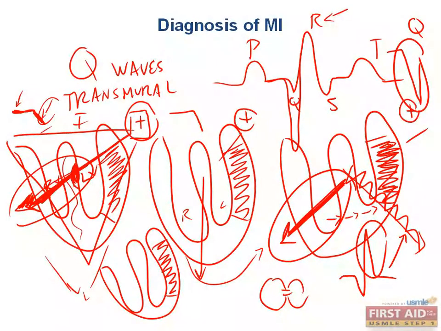The main thing I need you to remember is that pathologic Q waves are a sign of transmural infarct that is either recently happening or resolved, and there's a hypocontractile left ventricle which causes the right ventricle to depolarize and create this very deep Q wave. And it is pathologic because it indicates that there was some left ventricular wall abnormality that it did not depolarize in synchrony and take over to create that net electrical vector that we like to see in a normal ECG.